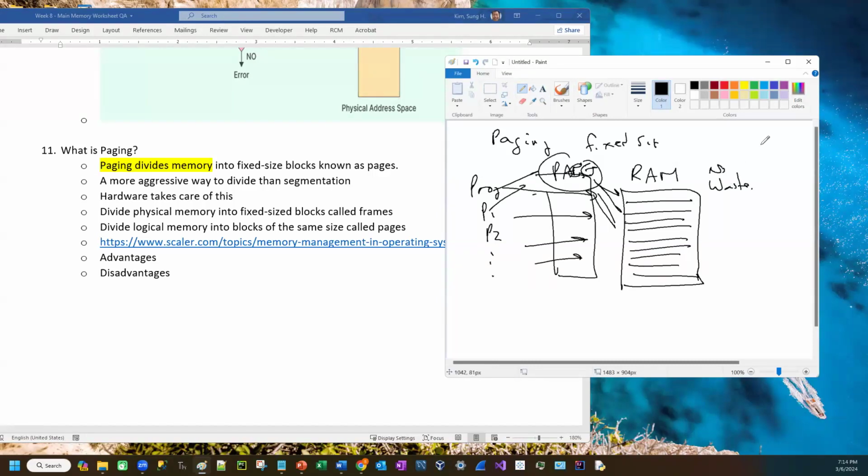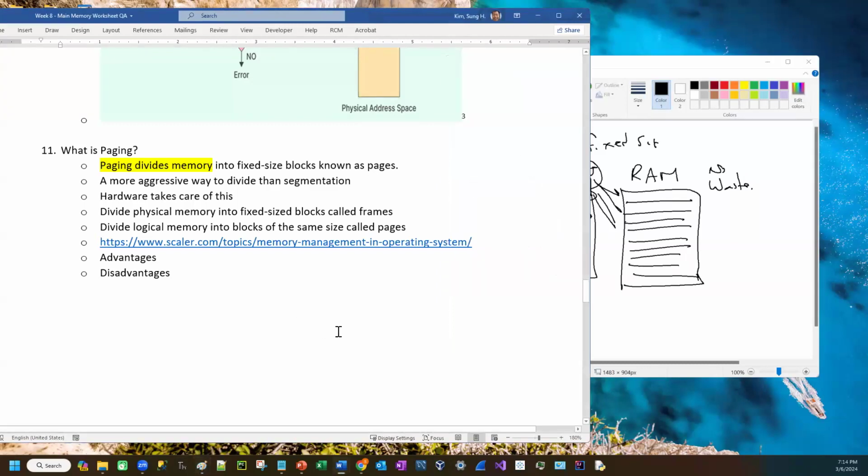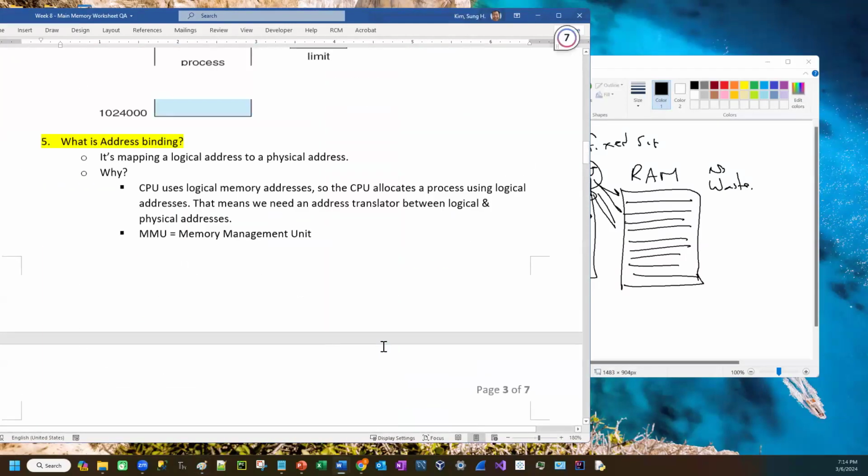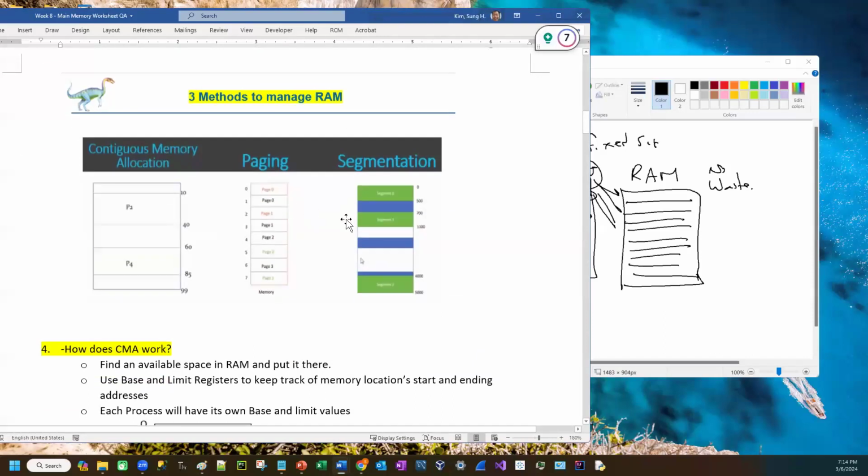Let me go back to the diagram that I showed you at the very beginning. Here, as you can see, there's a lot of space that is not used. Segmentation is slices of the processes, and they look pretty well used. But paging is pretty intensive, all of them are used.